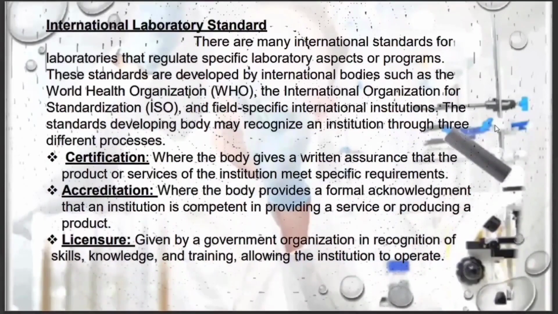Certification, where the body gives written assurance that the product or services of the institution meet specific requirements. Accreditation, where the body provides a formal acknowledgement that an institution is competent in providing a service or producing a product. Licensure. Licensure is given by a government to an organization with recognition of skills, knowledge, and training, allowing the institution to operate.